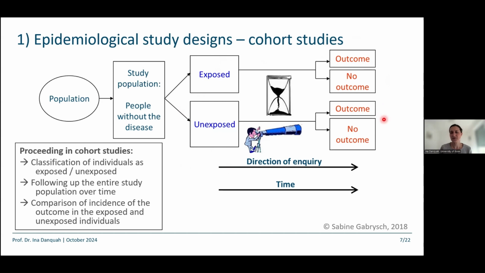Some will develop the outcome, others won't. And through the comparison of these different incidences in the two groups, we will be able to calculate relative risks or risk ratios. That's what you commonly find in the literature, which will then give us the ultimate assessment and determination of the risk of individuals in relation of exposed and unexposed.